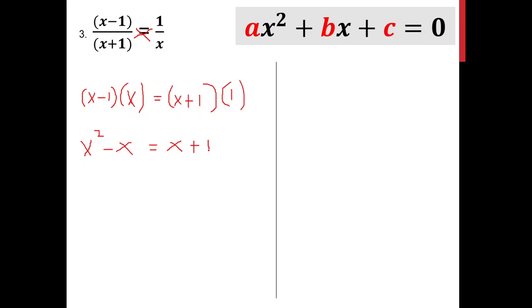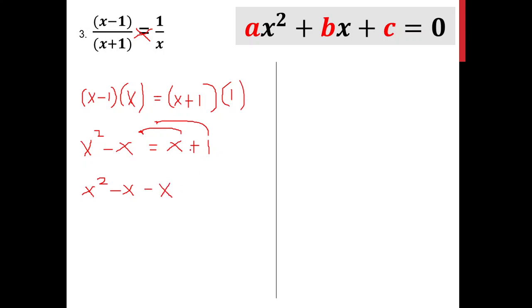And then from here, we can transform this one into the standard form by transposing everything here to the other side, or you can just use the additive inverse. So I'll transpose x going here and my positive 1 going here also. So I'll bring down x squared minus x. My positive x here becomes negative x here.